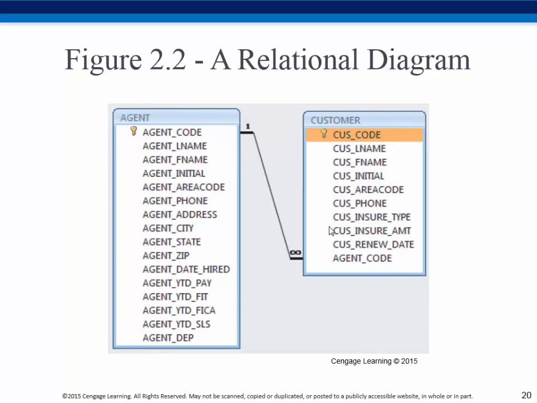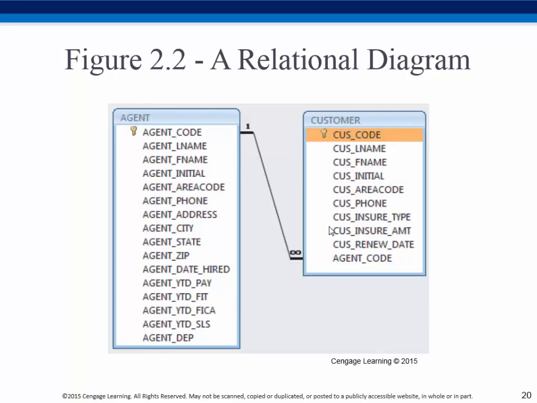Your agent code in agent will be a unique identifier for every record. No record can duplicate that agent code. It's a unique identifier for your agents in your agent table. But then it's a foreign key in your customer table. Your customer code is your primary key, and no customer will have a duplicated customer code.